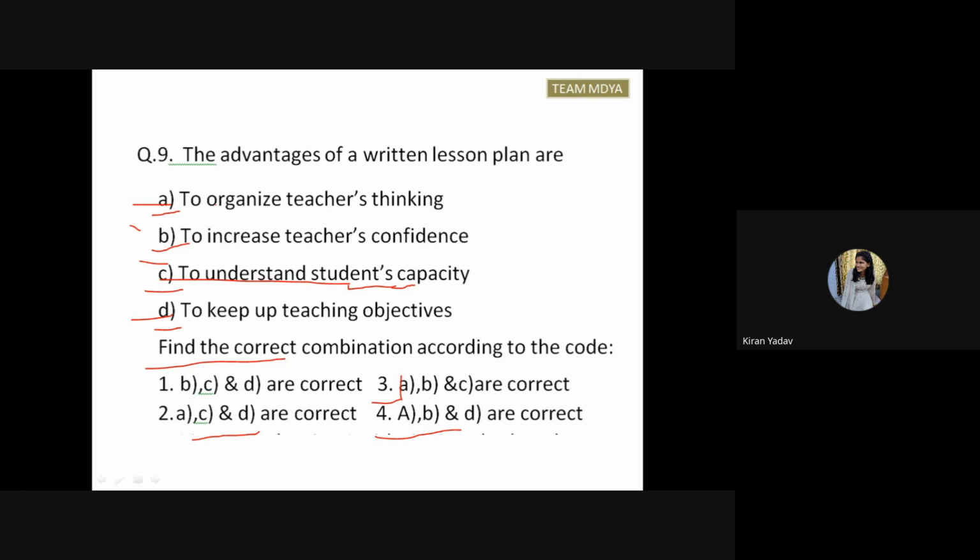If he's asking some questions, like introductory questions, then he will be able to understand students' capacity, but while planning the lesson, this is not correct. But yes, if the teacher knows what he is going to teach, then it definitely increases the teacher's confidence if he has a clear cut plan of what he will do.